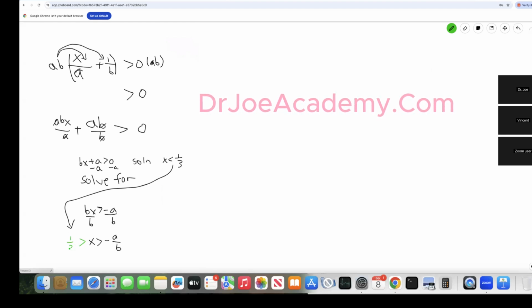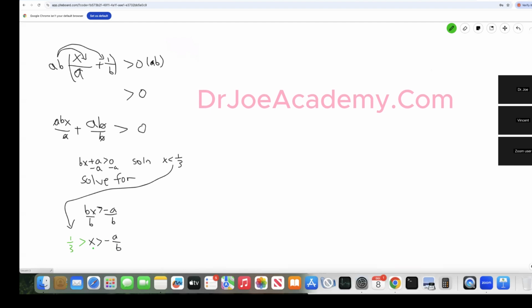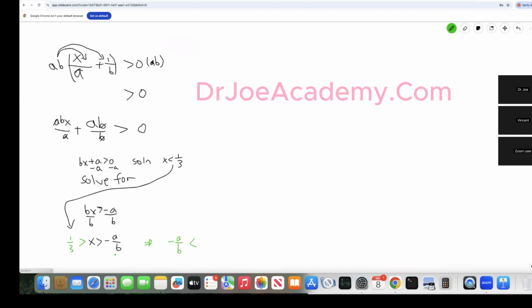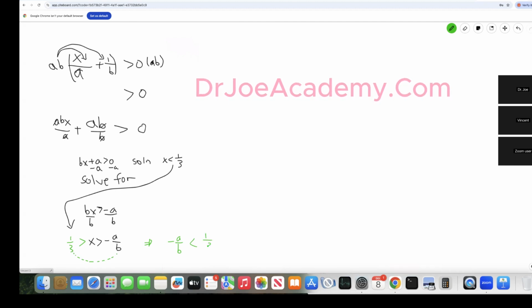And therefore, based on transitivity, since negative A over B is less than x, and x is less than 1/3, then negative A over B has to be less than 1/3.